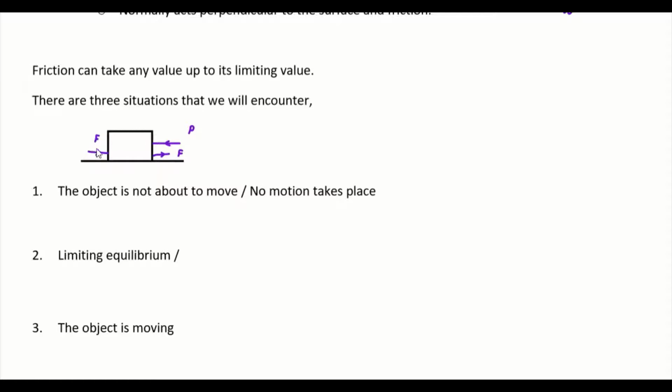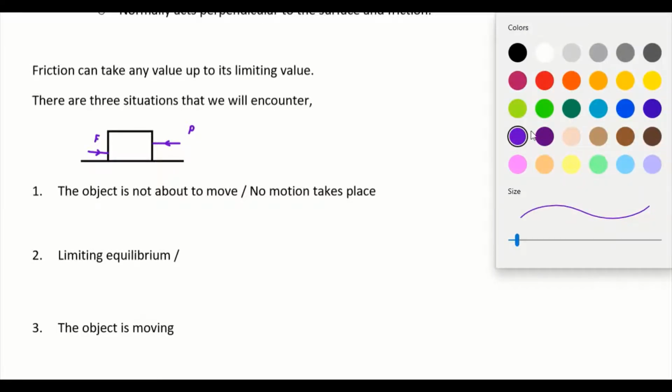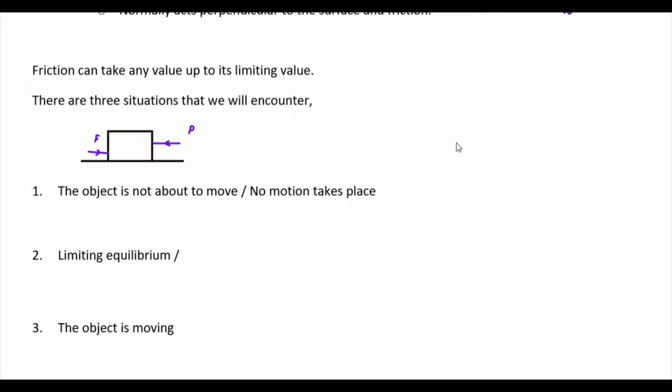So F and P are the same, or if you draw your F here, then F and P will be the same as well. There's no problem with where you want to draw it. But the idea is that it will be opposing the direction where your object is going to move. It's not your force, it's where your object is going to move. Later, when we look at the example, you can see the difference between them.